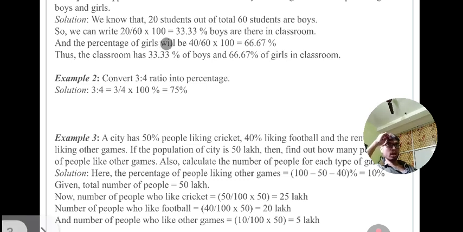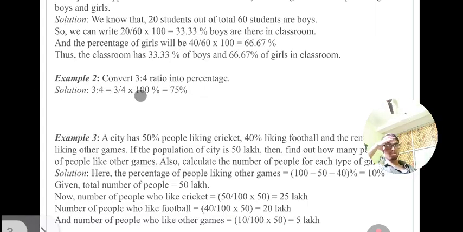So the number of boys is less in the classroom and the number of girls is more. Thus the class has this percentage of boys and this percentage of girls.